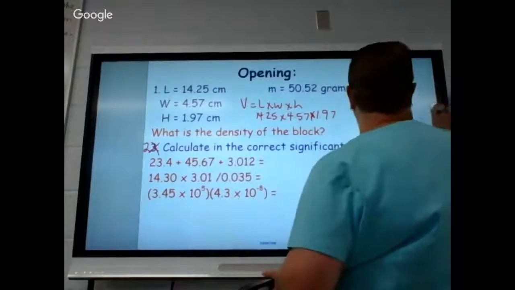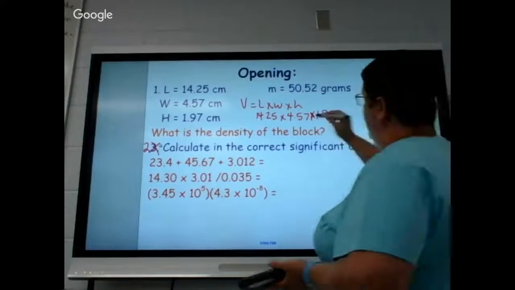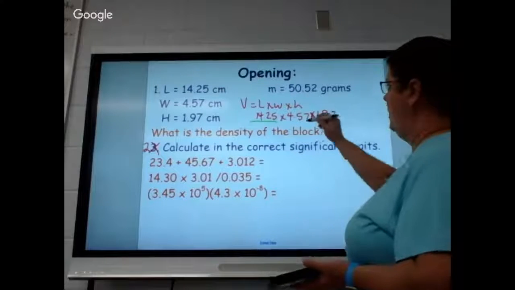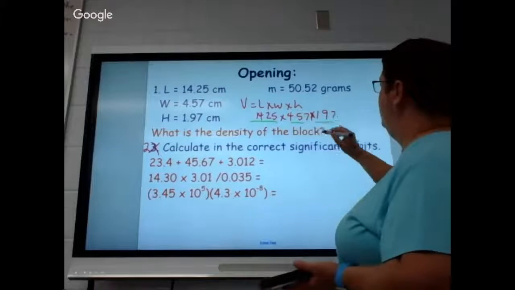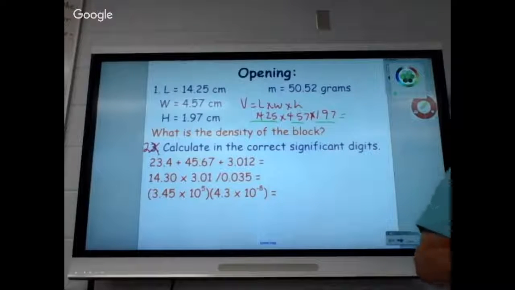I said to myself, how many significant digits do I have here? 4. How many here? 3. How many here? 3. So I looked at my calculator and I have 128.291, blah, blah, blah. I need how many significant digits? 3. So I'm rounding it to what?